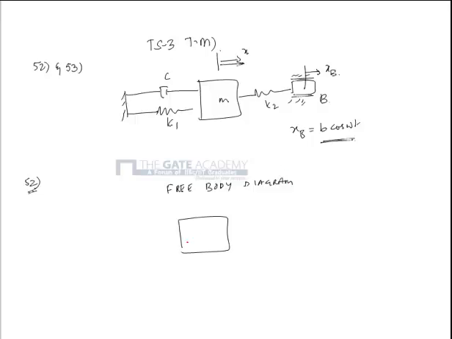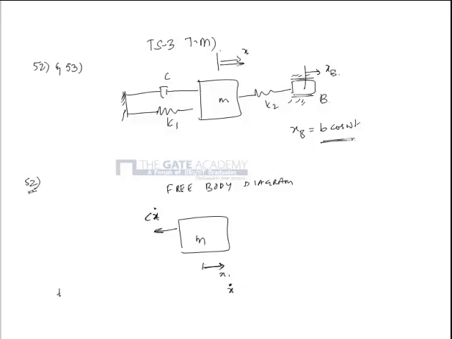The damper will oppose the velocity. At time t, the mass has displaced by amount x and the velocity is x dot.